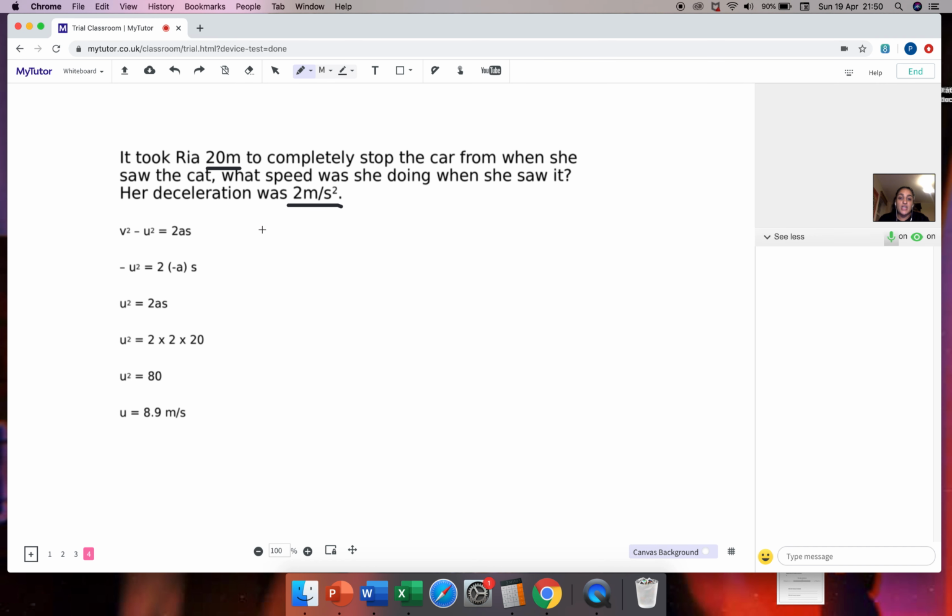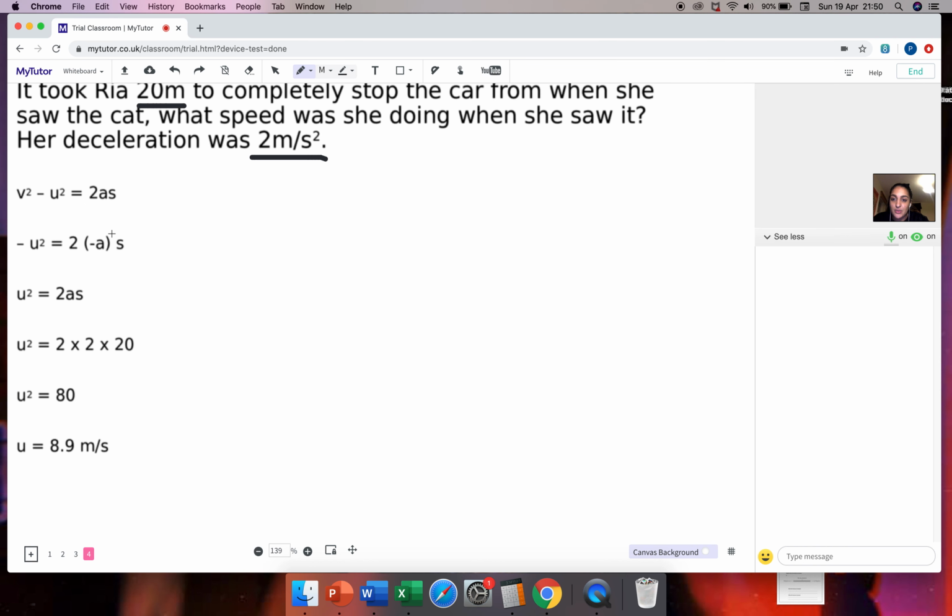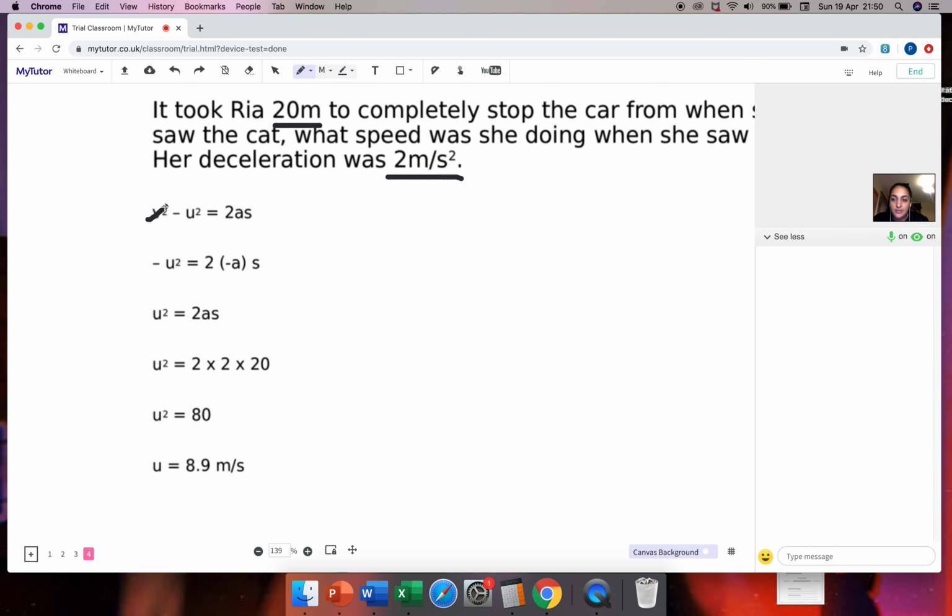Now Ria is going from a certain speed to rest. So v, our final speed, is 0 because she comes to rest. So we can get rid of this v squared term. It just goes to 0. So we're left with minus u squared equals 2as.